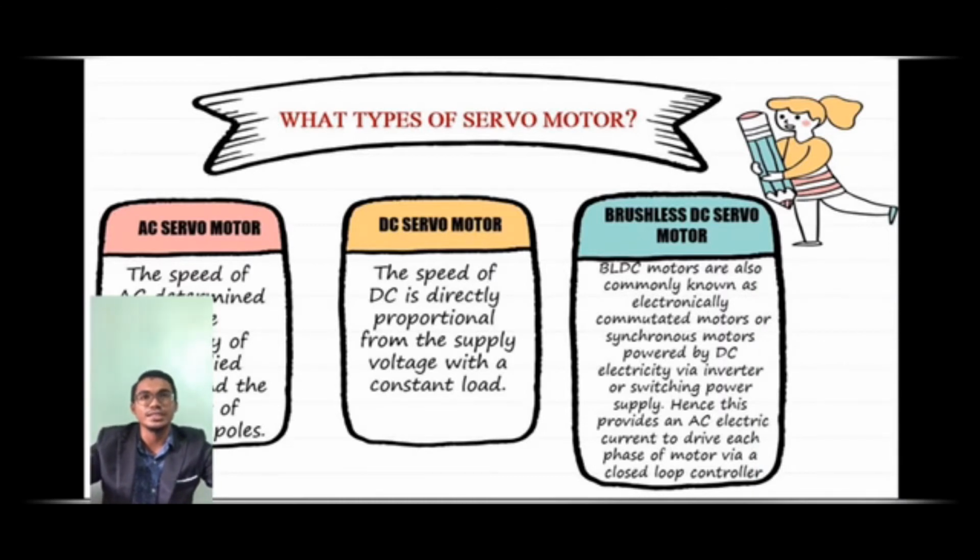We continue with the brushless DC servo motor, commonly known as a synchronous motor, that is powered by DC electricity via an inverter or switching power supply. This motor provides an AC electric current to drive each phase of the motor via a closed loop controller.